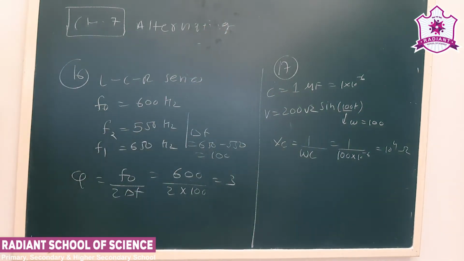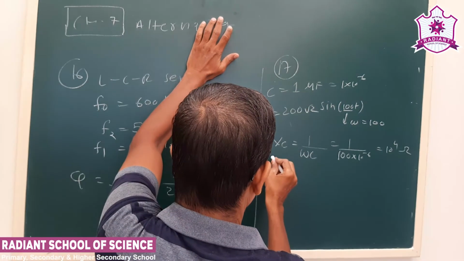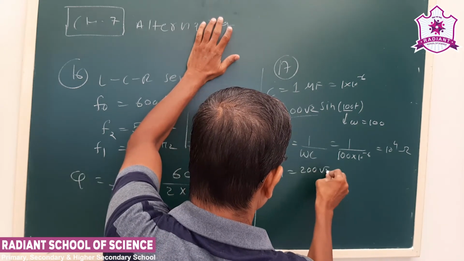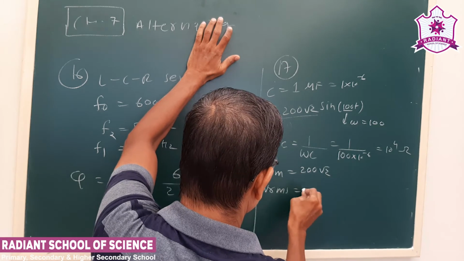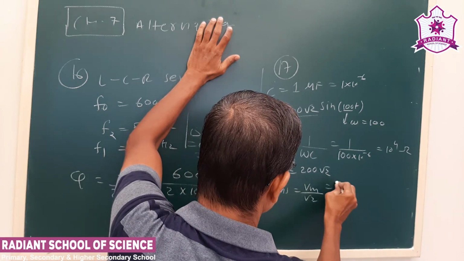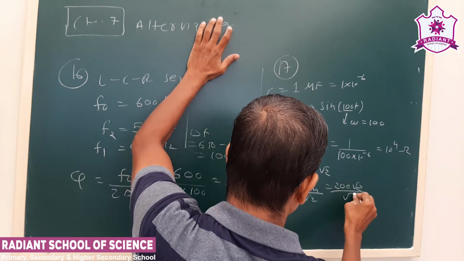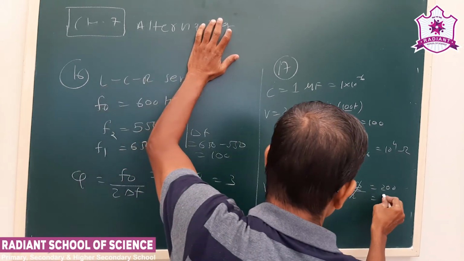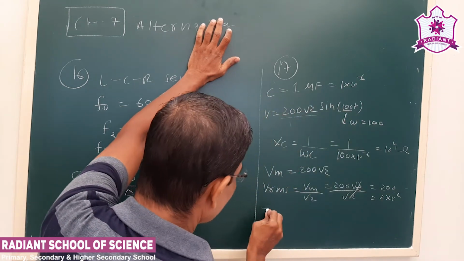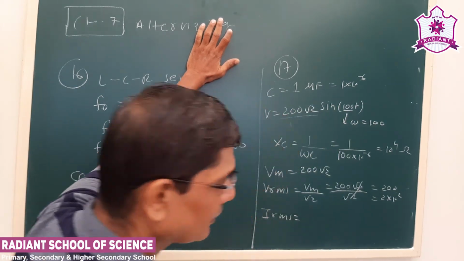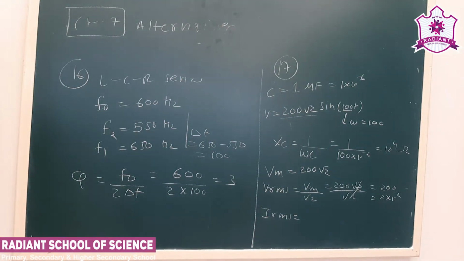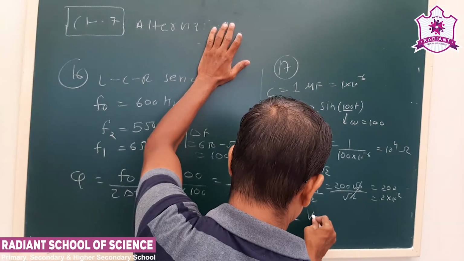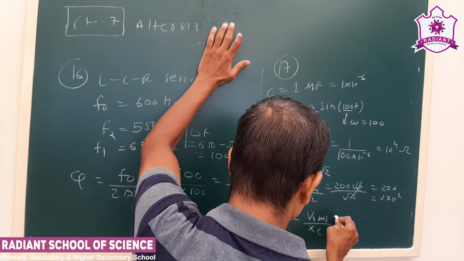Now see, we have to find out the RMS current. So this is Vm, 200 root 2. VRMS is Vm upon root 2, 200 root 2 upon root 2. Okay. Now we have to find out IRMS. Okay. So RMS current in a circuit with capacitor only is VRMS upon XC.